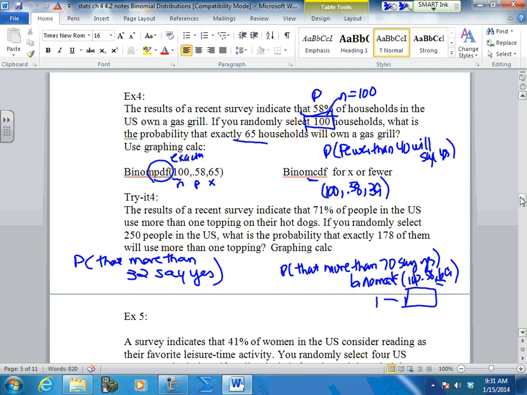Do you think it's going to be a small number or a large number? It's going to be large. Why?